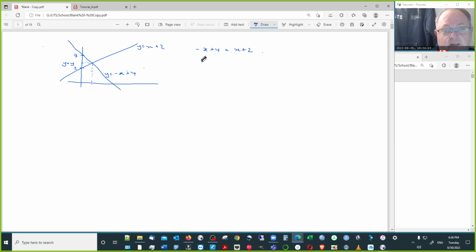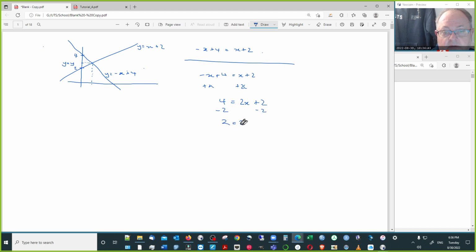So I'll add the x's. You've probably done this a million times with quadratics and God knows what else, and that's fine. So we've got 4 equals 2x plus 2. So I can subtract the 2 from both sides.